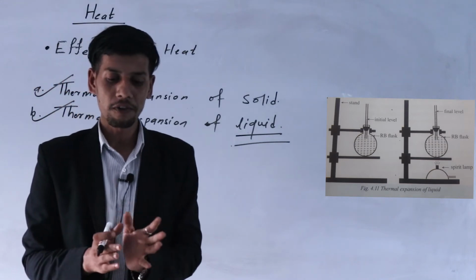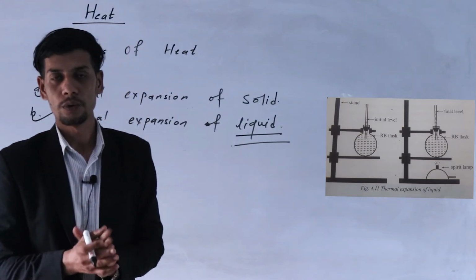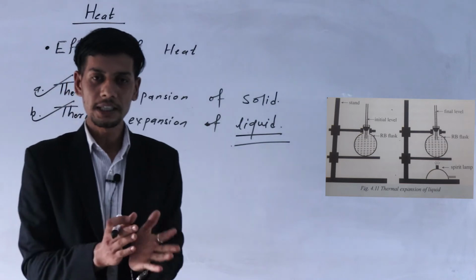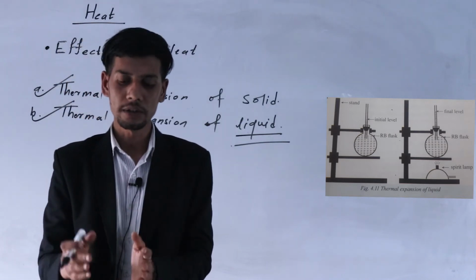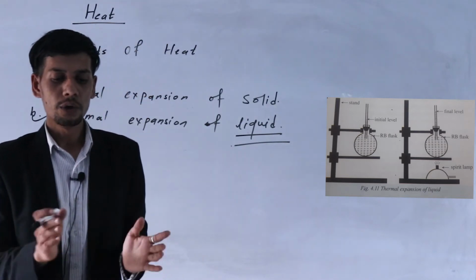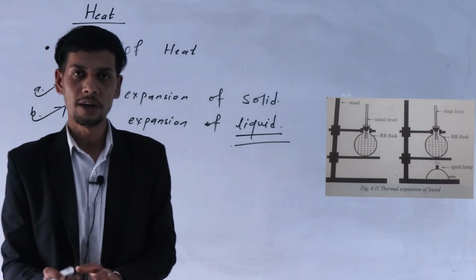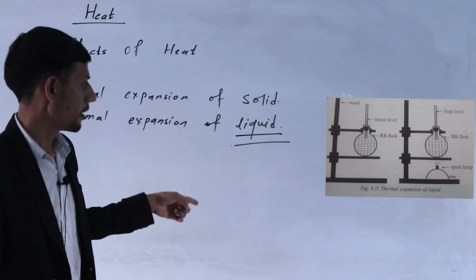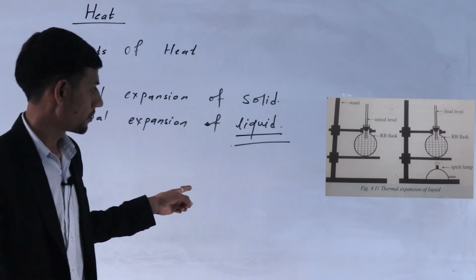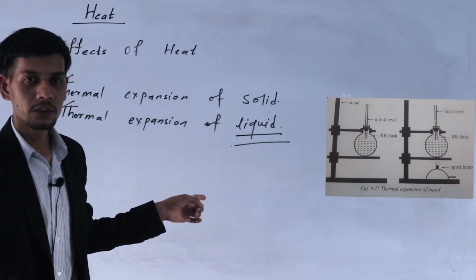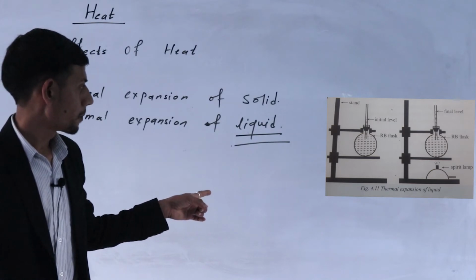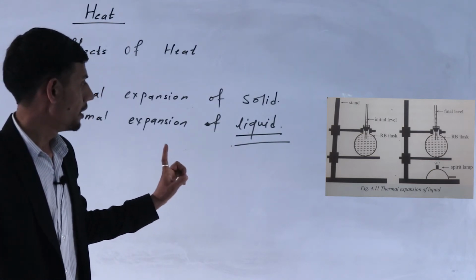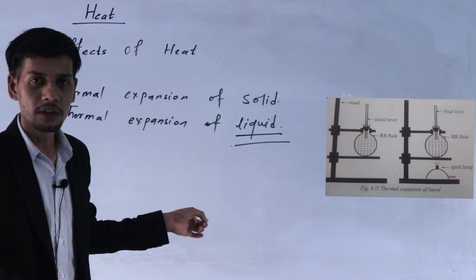Now heat the flask for 2 minutes. We have to give heat to the round bottom flask. Note the final level of water. Now what will happen there? What will be the final level of water in this figure? You can see the rise of the liquid level, the water level.